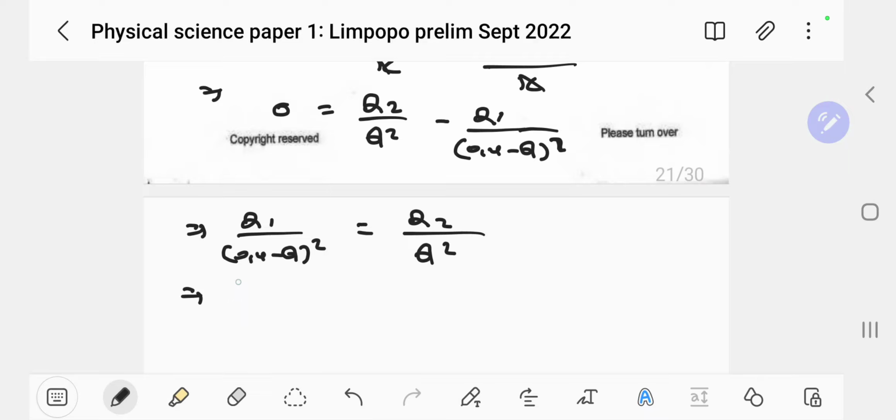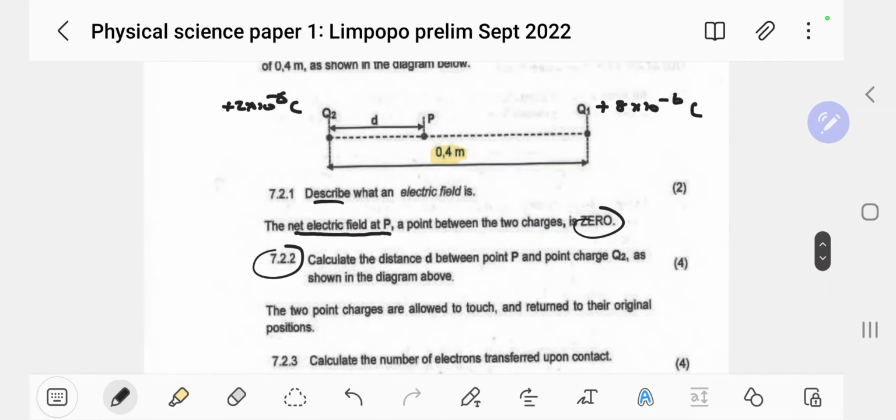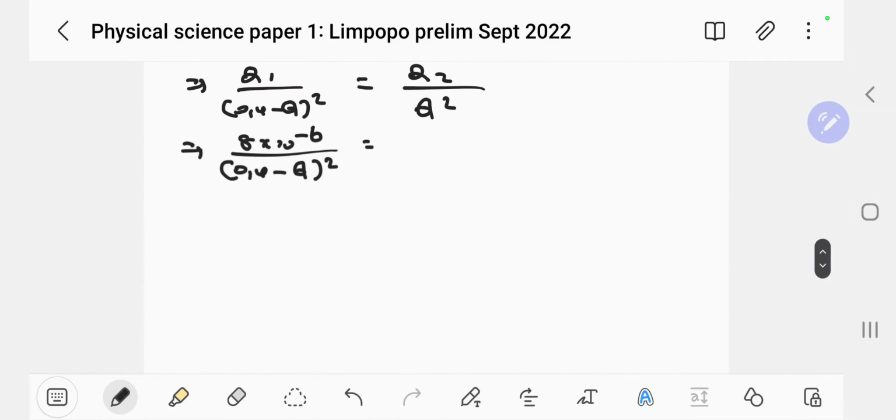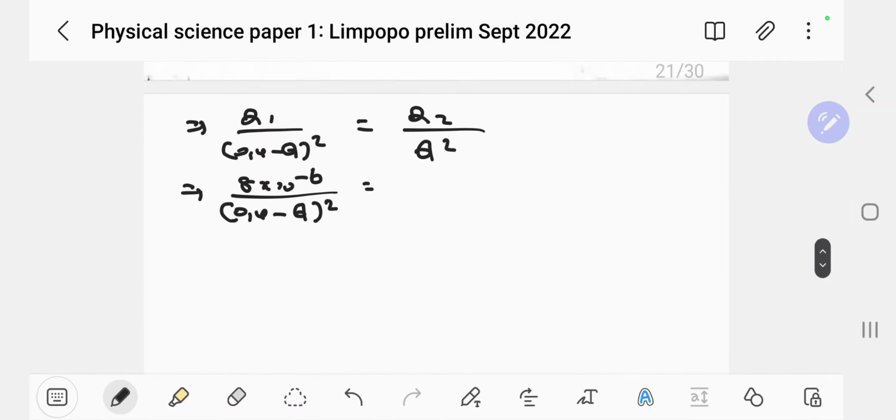Now let's look, what is Q1? Q1 was 8 times 10 to the exponent minus 6 over (0,4 minus d) squared, and Q2 was, I forgot, is it 2? Yeah. So this is 2 times 10 to the minus 6 over d squared.